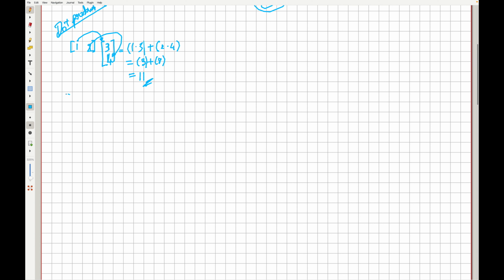If we compare that to another set of data points, where we have the same vector 1 2, but the other vector is -3 -4, and we take the dot product, we multiply the 1 with -3, then multiply the 2 with -4, and sum these values up.